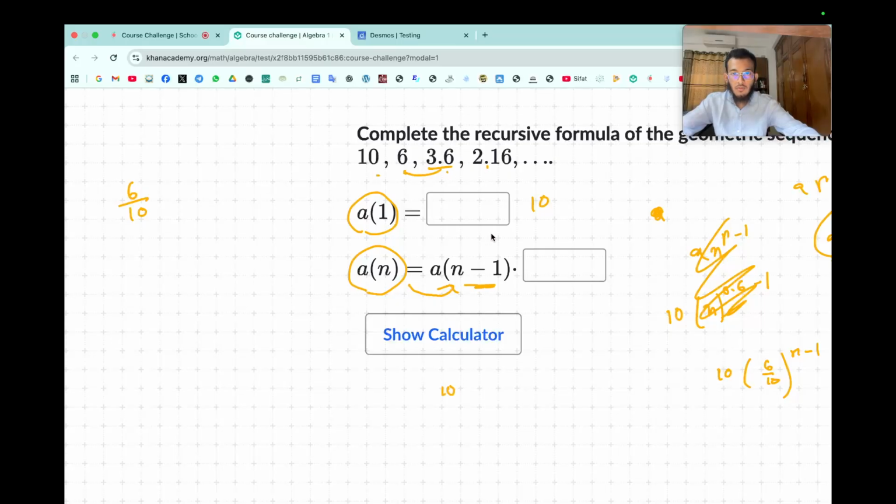The previous term is 3.6, and that is multiplied by the common ratio in order to get the nth term.